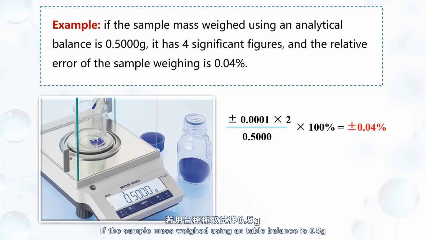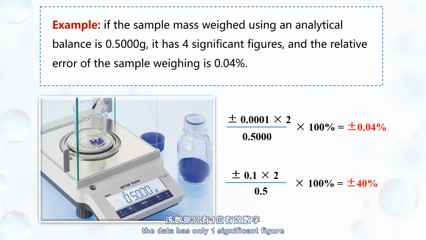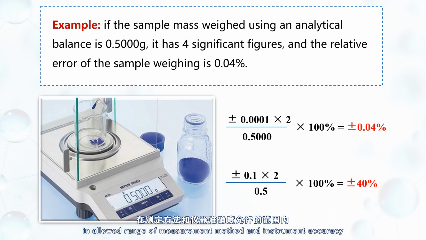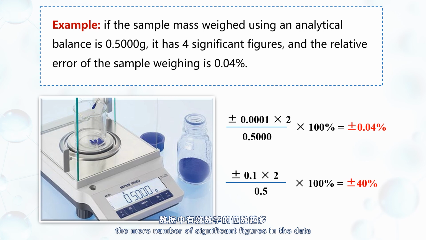If the sample mass weighed using a table balance is 0.5 gram, the data has only one significant figure, and the relative error of the sample weight is plus minus 40%. The calculation shows that in the allowed range of measurement method and instrument accuracy, the more significant figures in the data, the smaller the relative error and the higher the accuracy of the measurement.